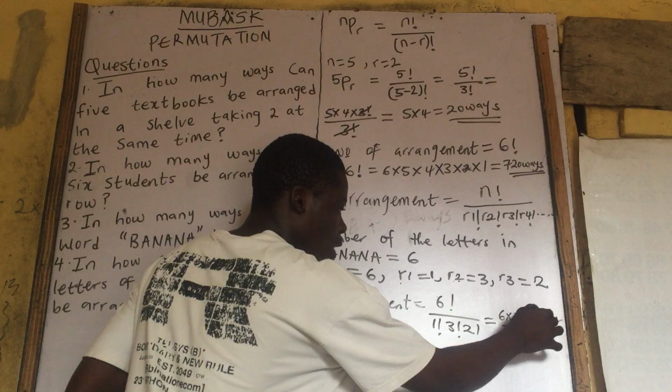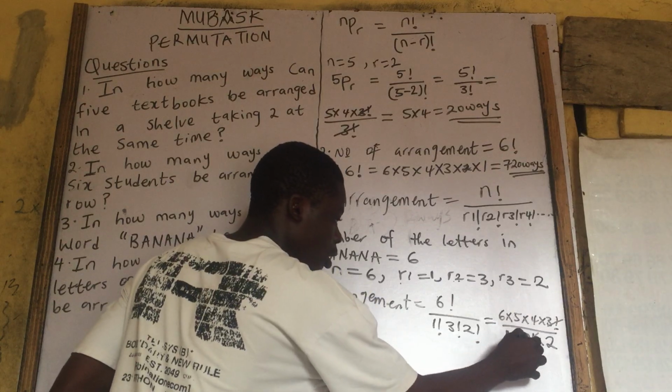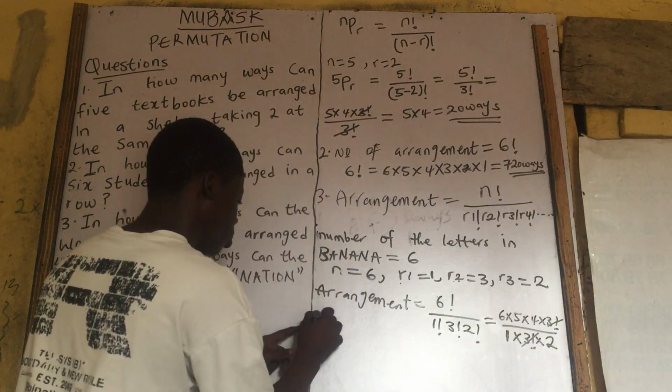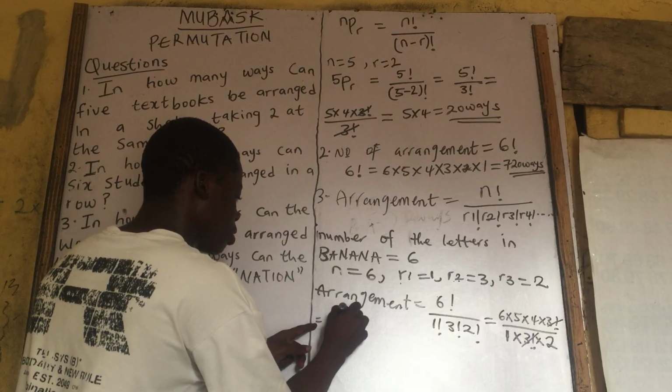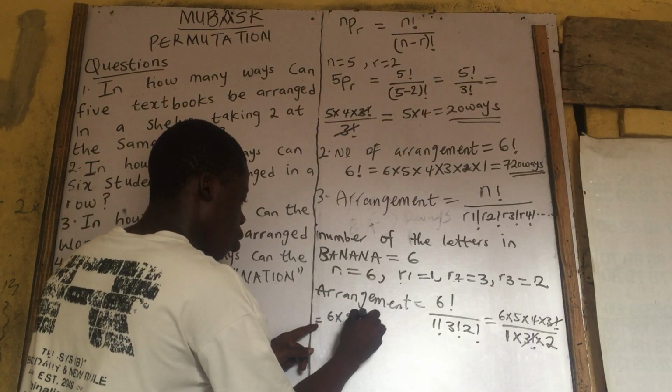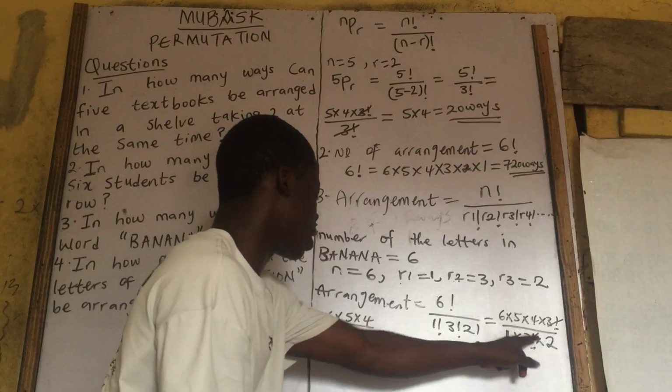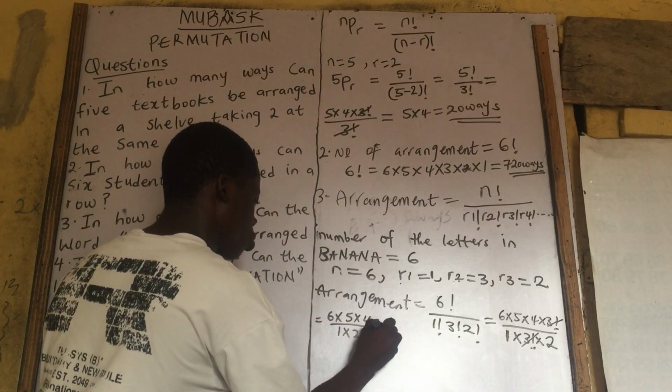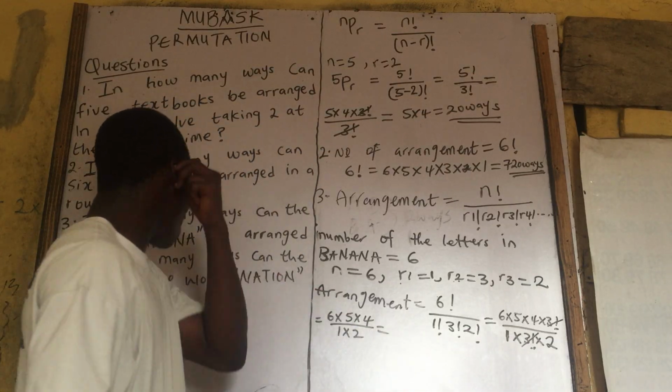So now 3 factorial cancels 3 factorial. Remaining is 6 times 5 times 4 divided by 1 times 2, which equals 6 times 5 times 4.